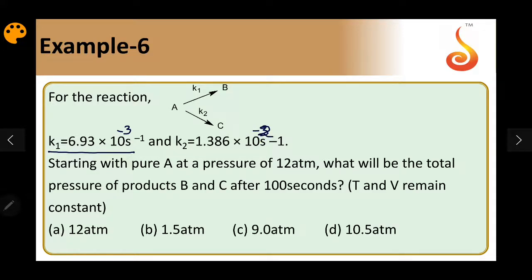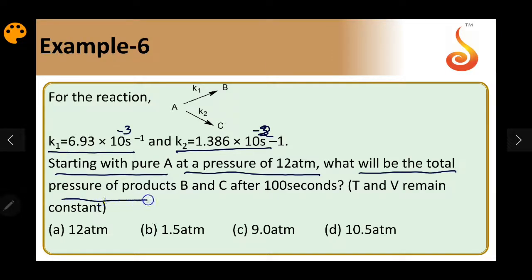Starting with pure A at a pressure of 12 atmosphere, what will be the total pressure of products B and C after 100 seconds? Temperature and volume will remain constant.